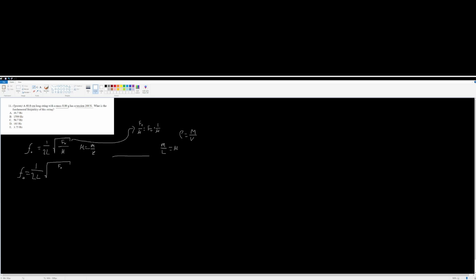And 1 over mu would just be, taking the reciprocal of mu here, L over M. So we can think of Ft times 1 over mu as equaling Ft times L over M. So we can put that under the radical here.